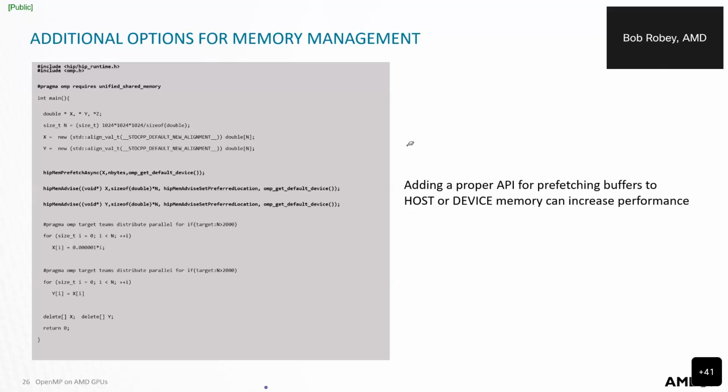You can prefetch it so that it's there when you hit that point. Right now, that's still being optimized by our team, so performance should improve with time with that prefetch.